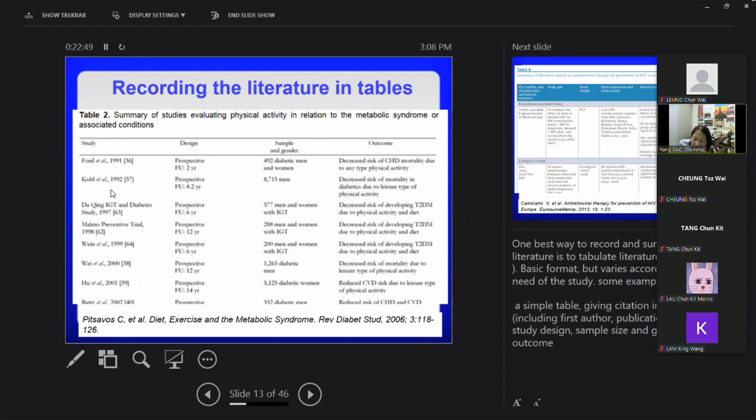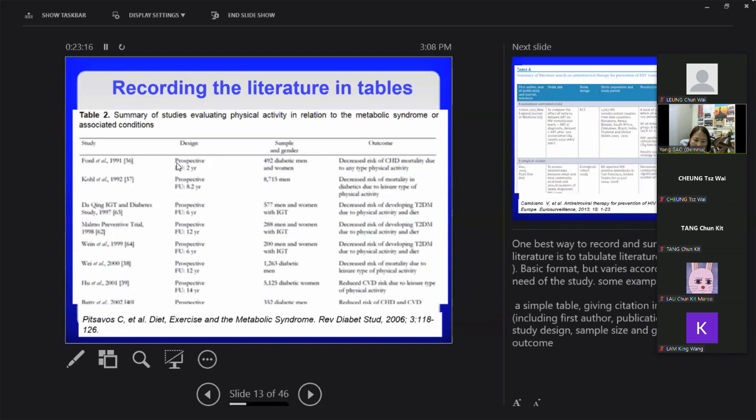Later I will introduce what a prospective study design is. Here I just briefly let you know that a prospective study design means the subjects in this study are observed in a certain period. For example, here FU means follow up.